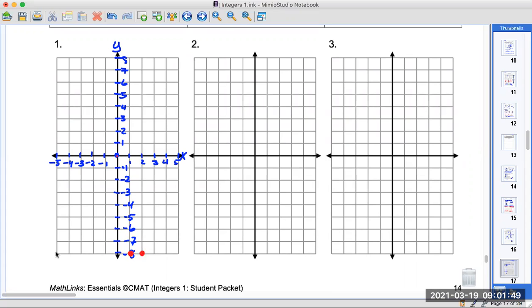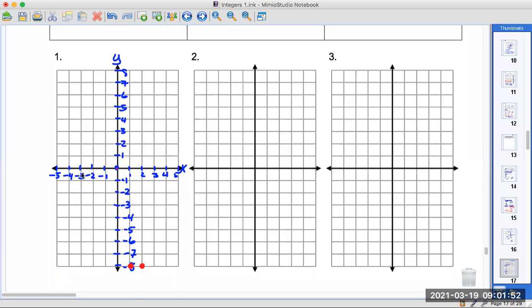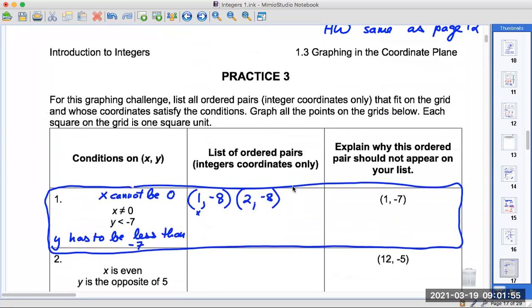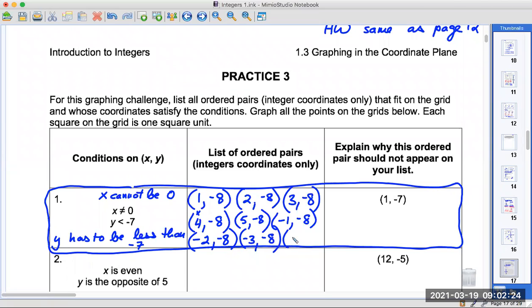So they're all going to be down here. Then x can be 3, but y is always going to be negative 8. And then x is 4 and x is 5. That's as far as I'll go. And then we can go in the negatives: negative 1, negative 8, negative 2, negative 8, negative 3, negative 8, negative 4, negative 8, and negative 5, negative 8.